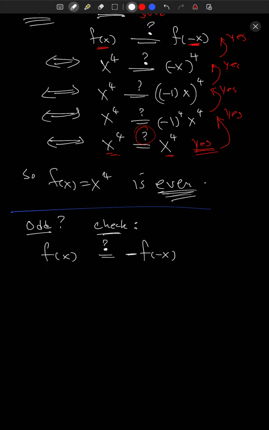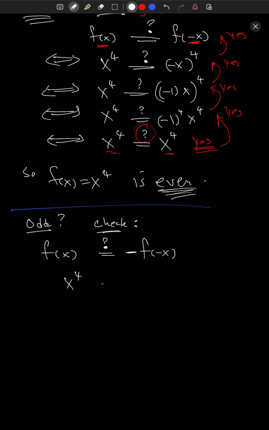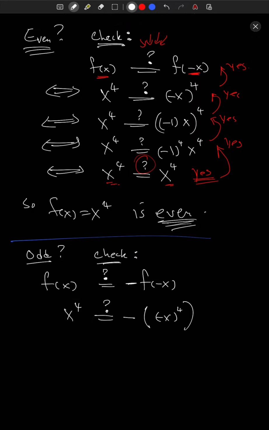So I put a question mark up here. And again, I'm still working with the same function. So f of x is x to the fourth. And now I'm asking, is this equal to negative of minus x to the fourth? Like that, right? Negative of f of x. Sorry, negative of f of negative x.